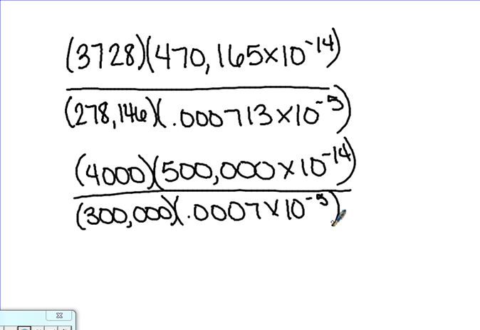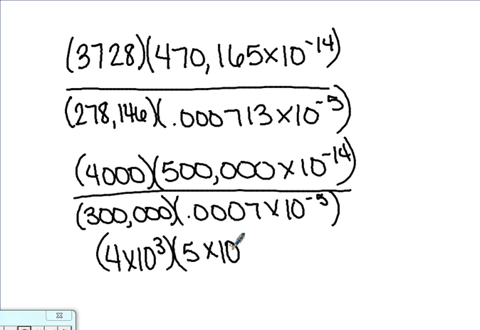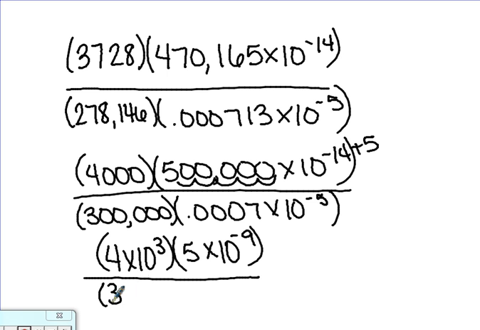Next, we're going to put each number in scientific notation, or the ones that are already in scientific notation, we're going to put in the proper scientific notation. So 4,000 becomes 4 times 10 to the third. 500,000 becomes 5 times 10 to the negative 9th, because we are adding 1, 2, 3, 4, 5 decimal places. 300,000 becomes 3 times 10 to the fifth.